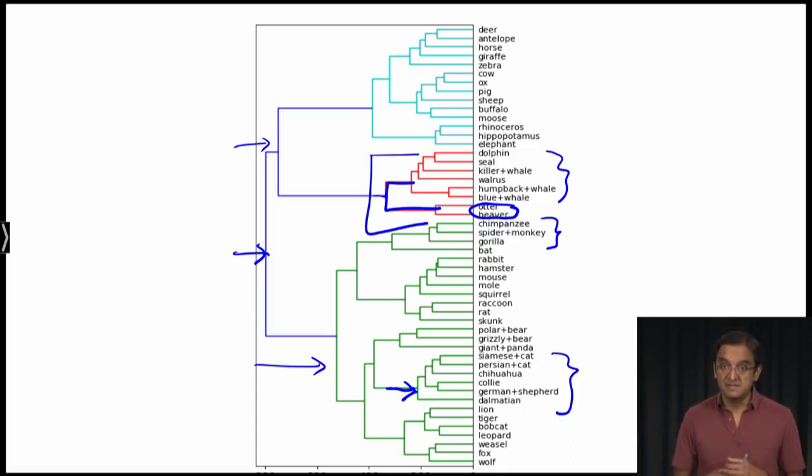Basically domestic pets. Okay, also reasonable. We have another cluster over here that contains lion, tiger, bobcat, and leopard, cats. So this whole thing seems fairly reasonable, and we found it automatically just by running a hierarchical clustering algorithm on this animal data.